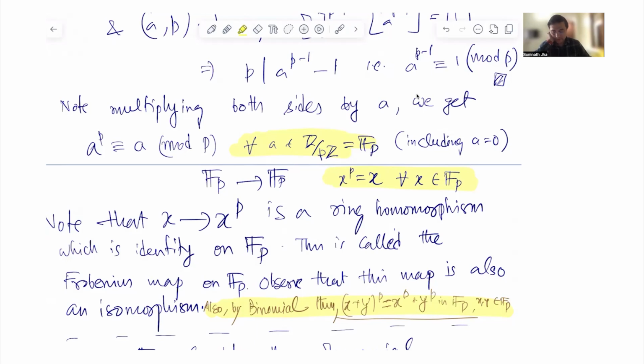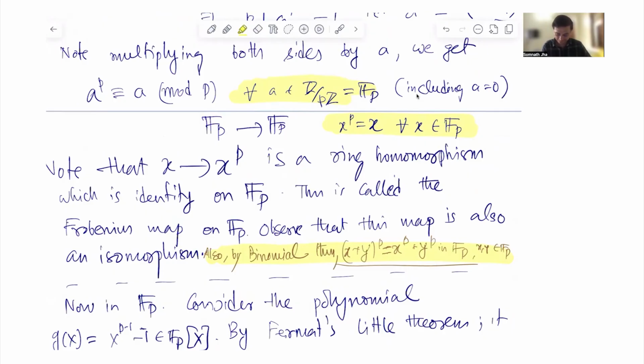So in fact, x going to x to the power p is a ring homomorphism. You can check independently. So that's what I said last time. You check by the binomial theorem that (x plus y) to the power p, you expand it as a polynomial expression, and you look at all the coefficients; by properties of binomial coefficients, you know those are divisible by p.